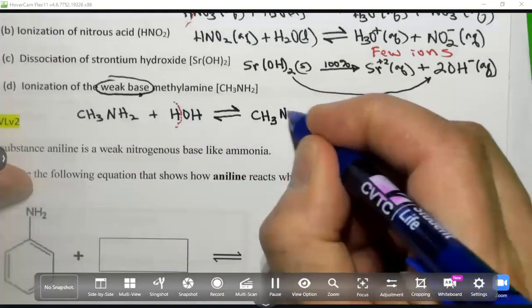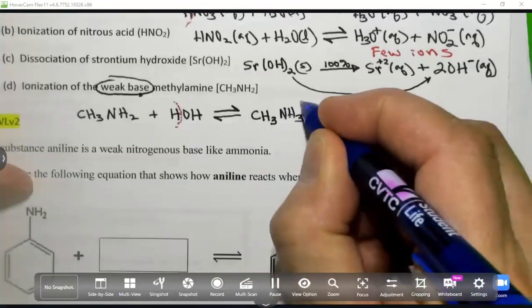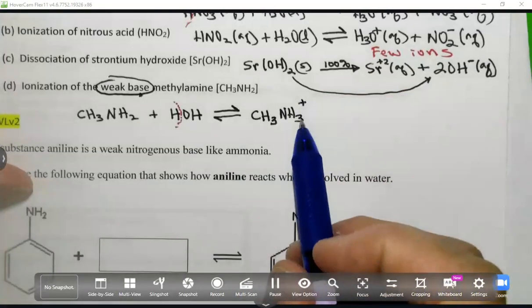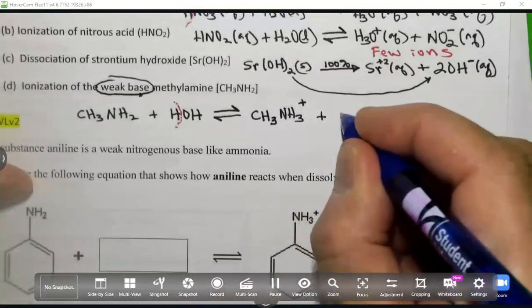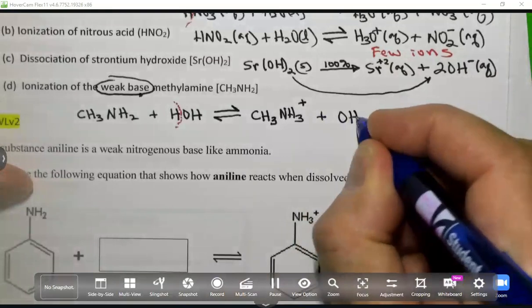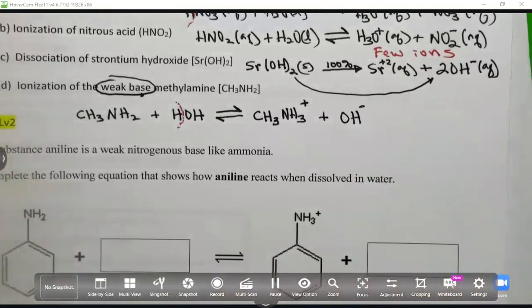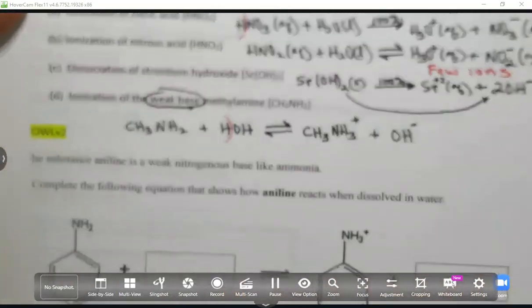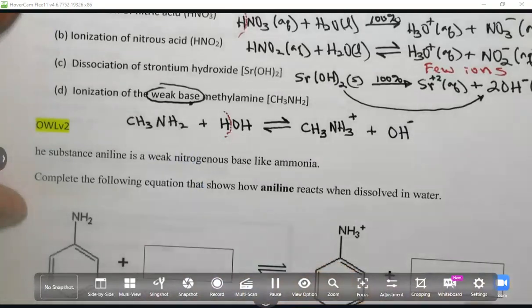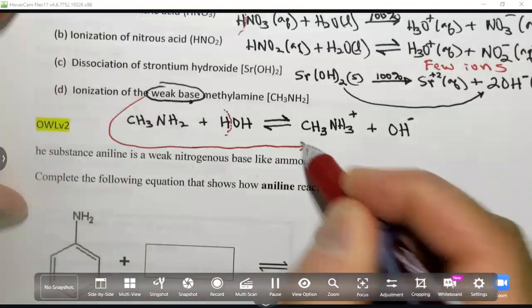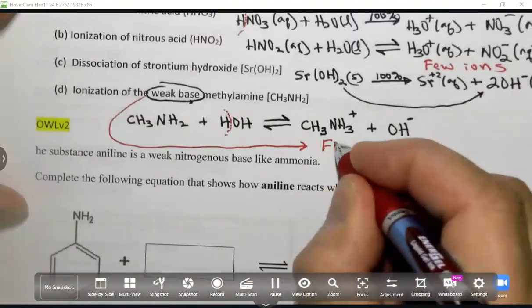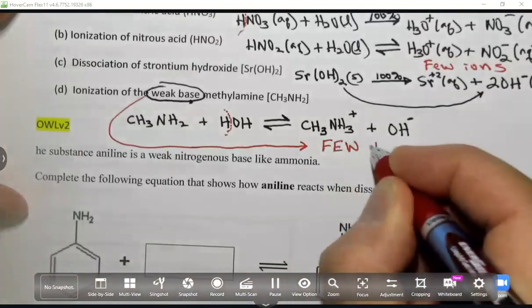That is why we always get a plus charge here. That's always why we get a negative charge here. This is a weak base. If it is a weak base, we are going to get few ions.